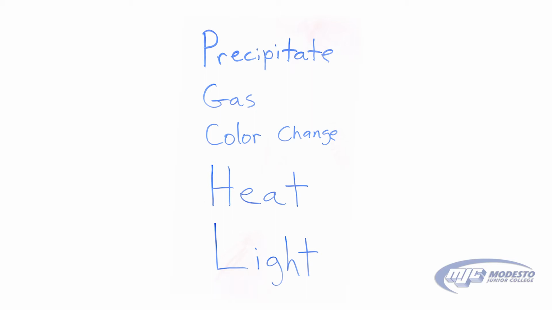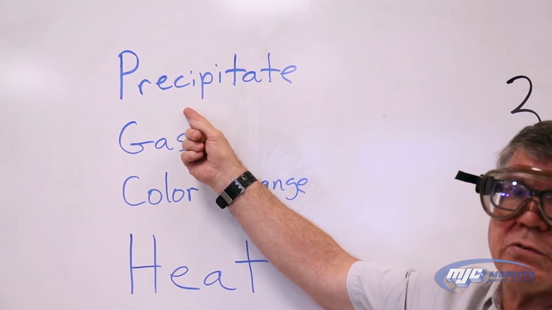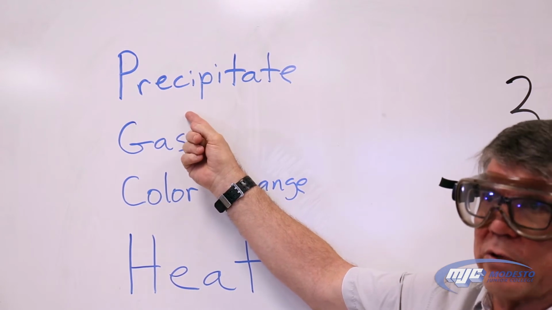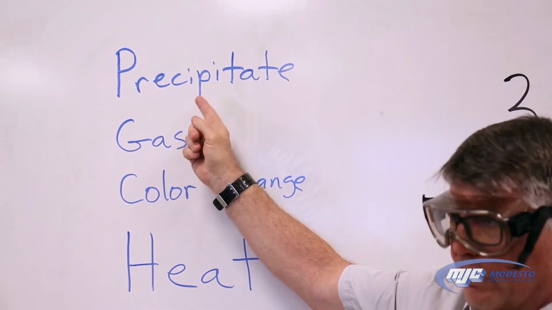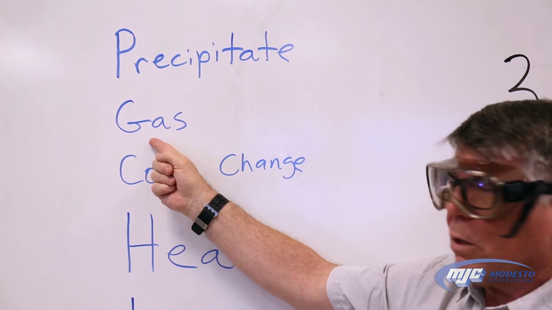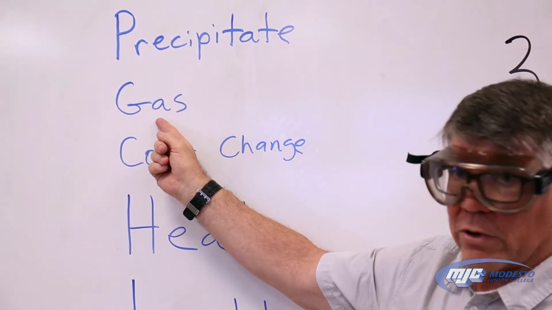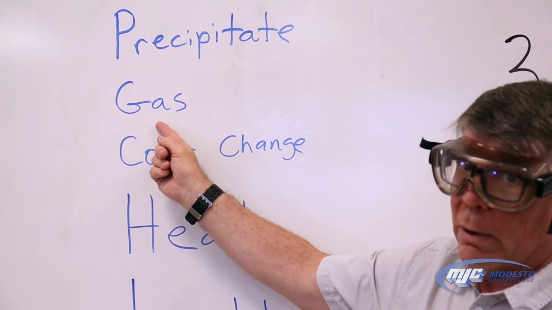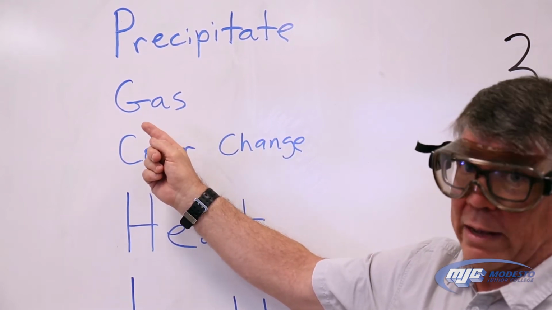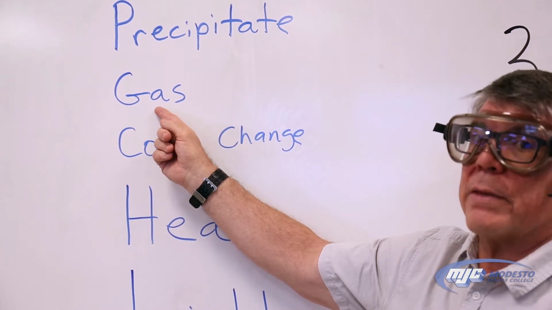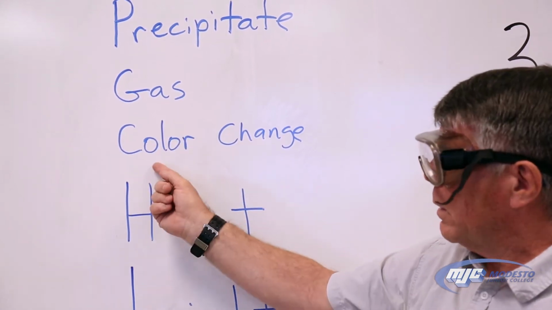Here are the signs. If we see a precipitate, so a formation of some sort of solid, sometimes it just looks like the solution gets cloudy, but we can see this pretty easily. Formation of a gas. There's 2 ways that we detect the gas. If we see bubbles in the solution, that means it's gas. Sometimes if there's an odor, that tells us that it's a gas. Color change.